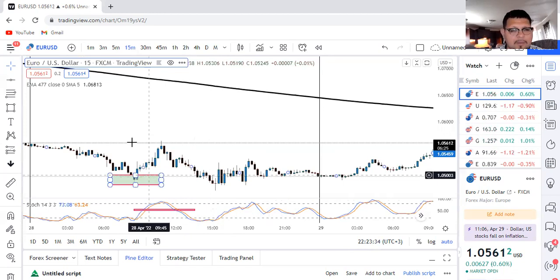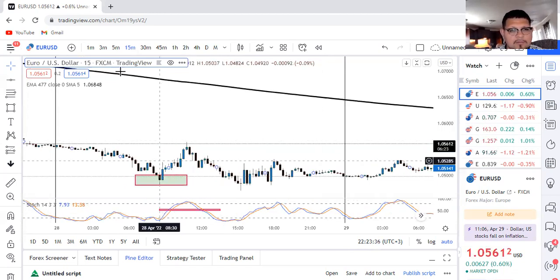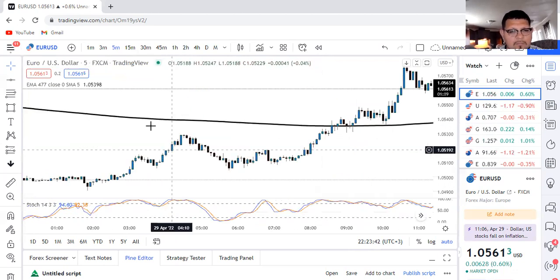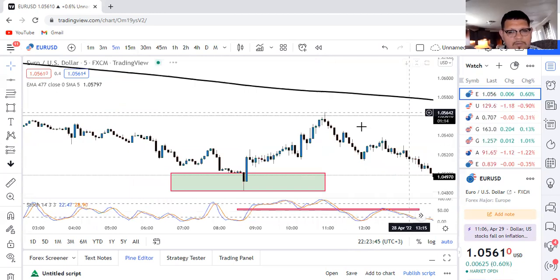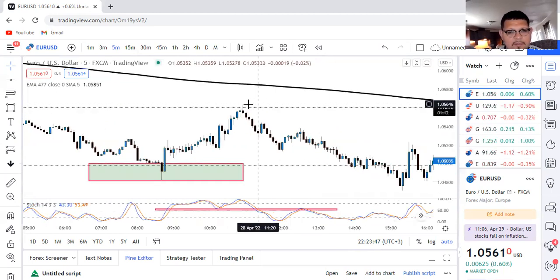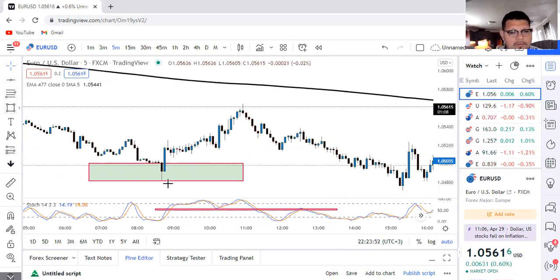Which is somewhere there, okay? So now let's go back to the 5-minute. We can see we can catch this trade back down to this area right here.